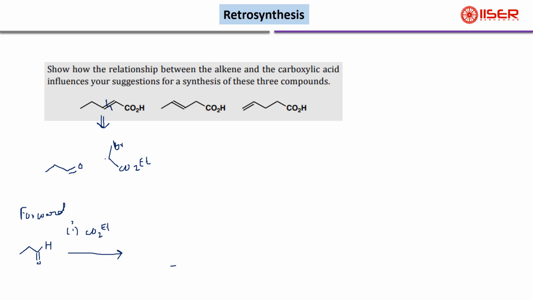As all these reactions are simple and already discussed, I am not going into the mechanism in detail. If you have any confusion you can ask, but I am just showing how we can plan. So if we add all this, it will go through a Reformatsky reaction and form one carbon-carbon bond.